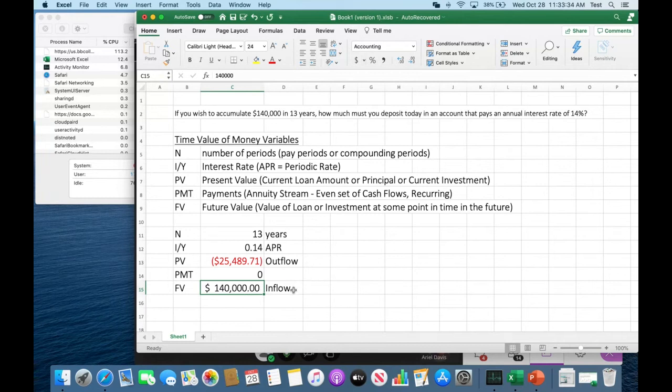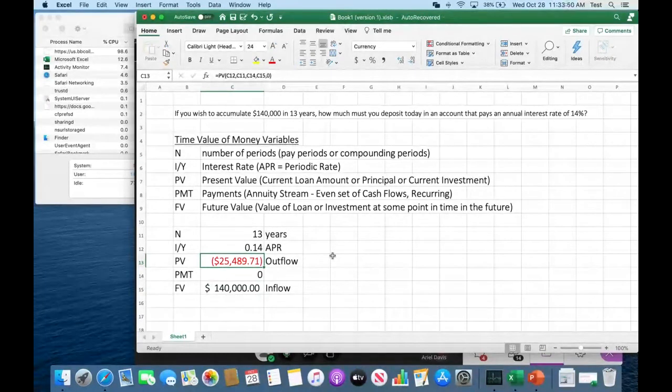That would then be an inflow to me because I would retrieve it, which means the money is flowing away from the bank back to me. But in order to do that, it must flow away from me originally, which is why this amount comes up negative.